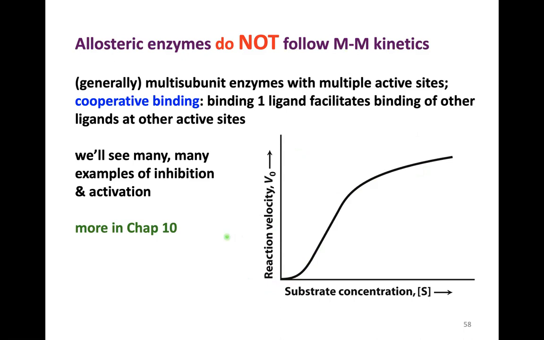So this may be a multi-subunit enzyme with multiple active sites, analogous to what we saw with hemoglobin. That was just a binding event. Enzymes catalyze reactions. And you can have heterotropic and homotropic effectors that are either positive or negative in their cooperativity. And we'll talk more about this explicitly when we get into chapter 10.